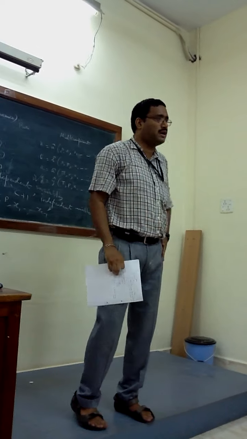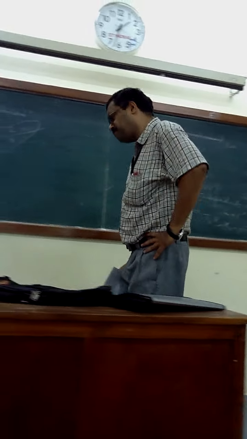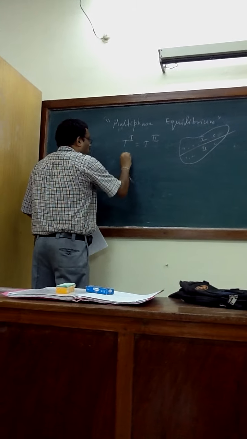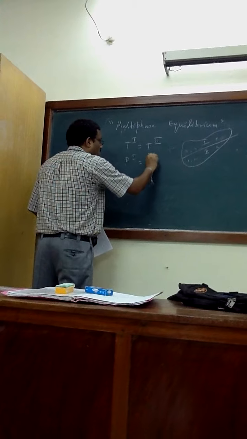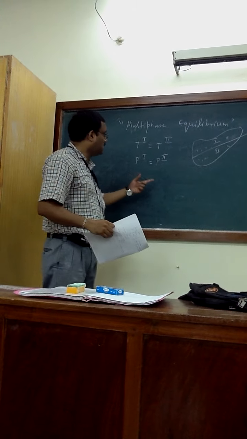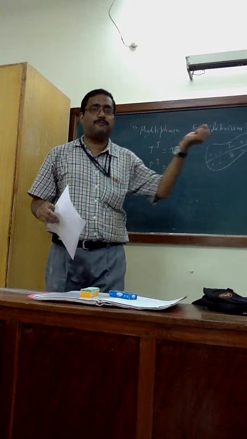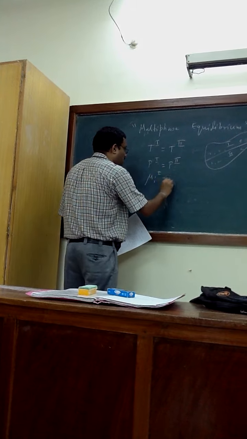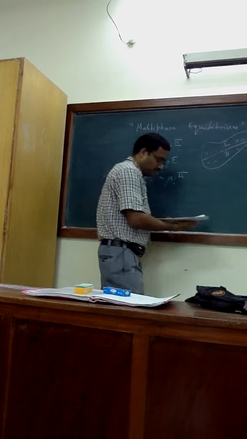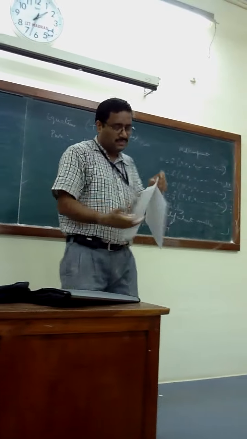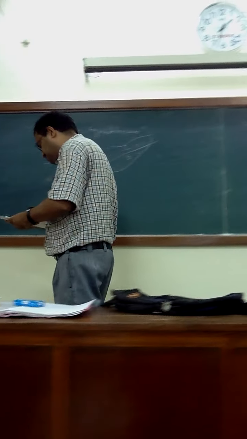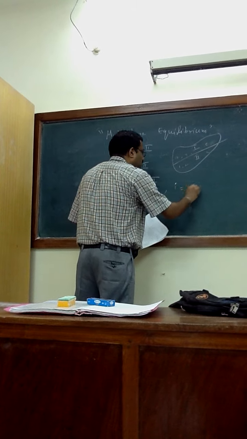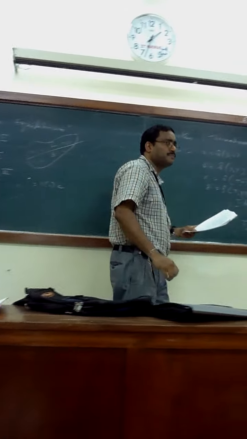For two phases, we have done it earlier: T1 equals T2, P1 equals P2, and for the single-component case we found mu1 equals mu2, but here, for every component, it will be mu i1 equals mu i2, correct? For i equals 1 to C components.